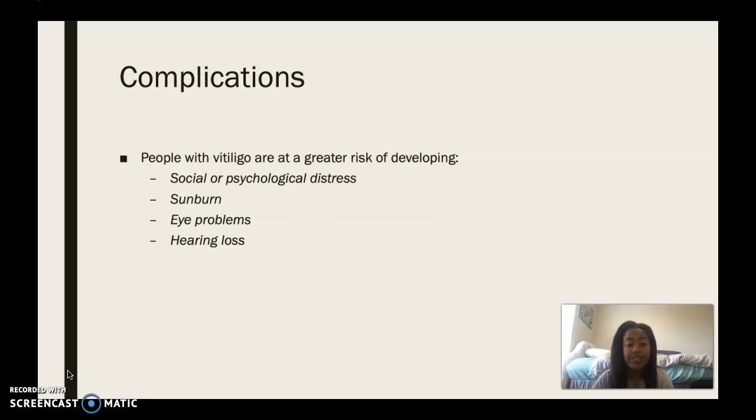So, complications of vitiligo. People with vitiligo are at a greater risk of developing different types of complications, such as social or psychological distress, as I said before, because it singles them out from the rest of the population. My nephew has it, and people point and stuff, because they're little and they don't understand. Especially kids get affected by this a lot because children don't understand what it is.